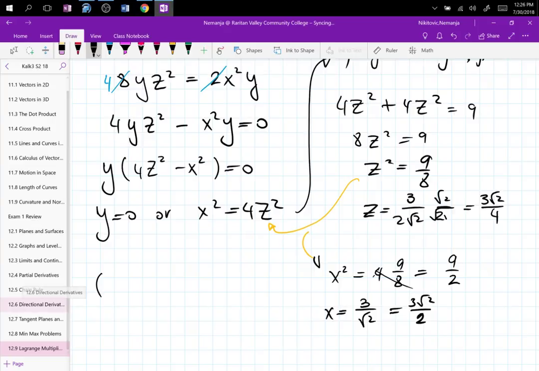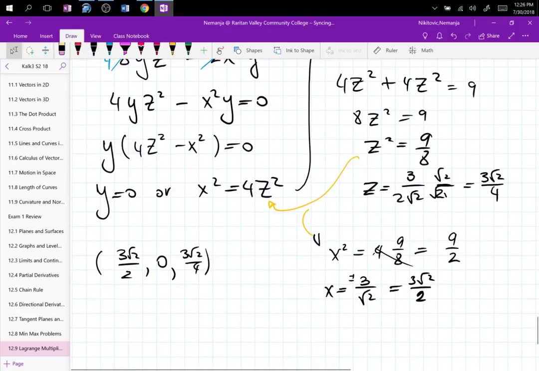So when x is, this is supposed to have a plus and minus in front. So when x is 3 root 2 over 2, y is 0, and z is 3 root 2 over 4. Then the same point with the minus.